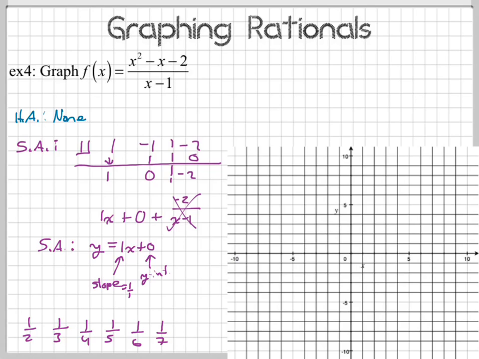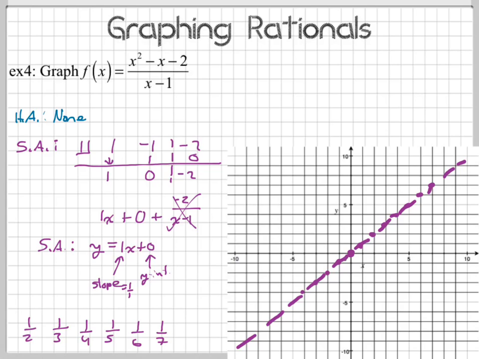We start at 0, since we know the y-intercept is 0, and put a point right there. Then we go up 1, right 1, up 1, right 1, and so on, and then we have our line. Down 1, left 1, repeated the other direction. And we can connect the dots using a dotted line. And that's your slant asymptote.